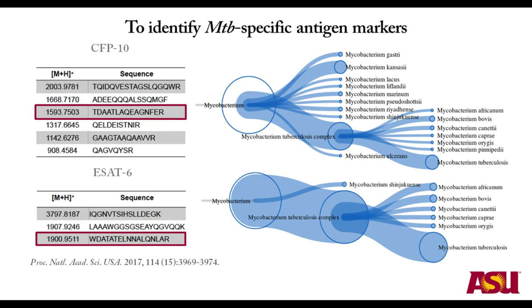So how do we address this problem? We further identified peptide fragments in these two antigens which are highly specific against MTB, one from CFP10 and the other from ESAT6.